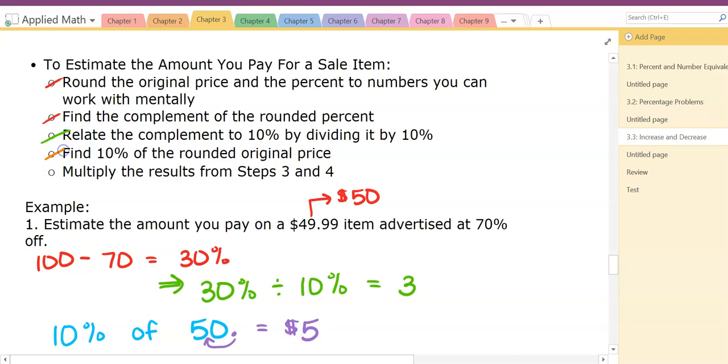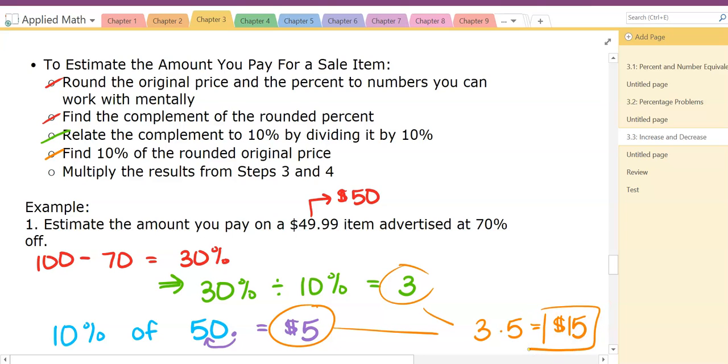Last step is to multiply the 3 and the 5 together. So 15. So that means I'm estimating I'm going to have to pay $15 for this item.